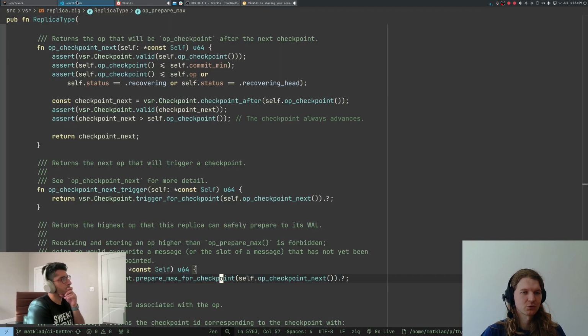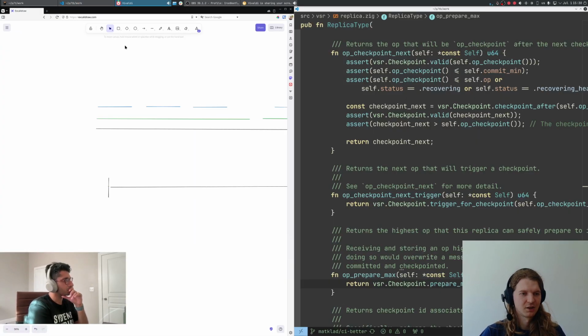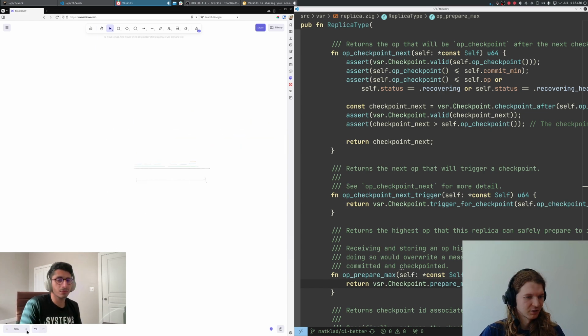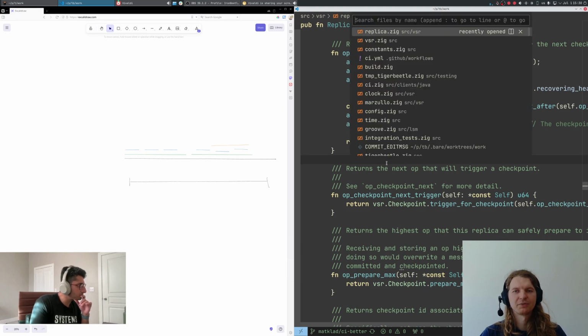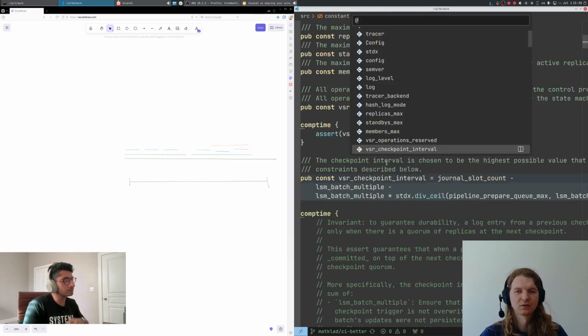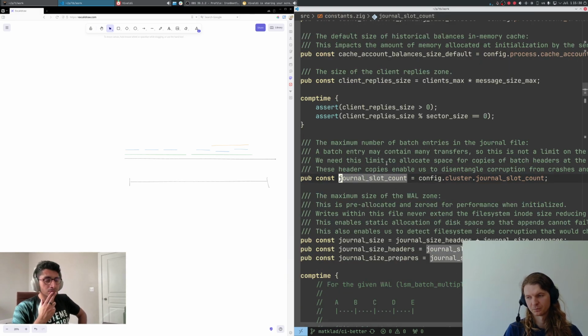In terms of source code, this bound is exemplified by the constant journal slot count.